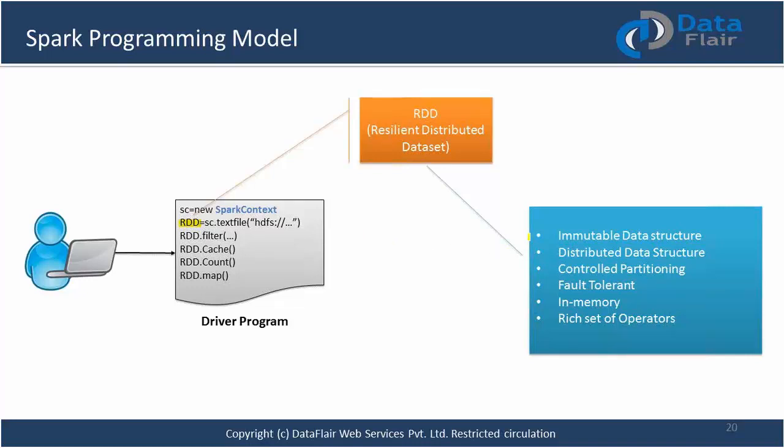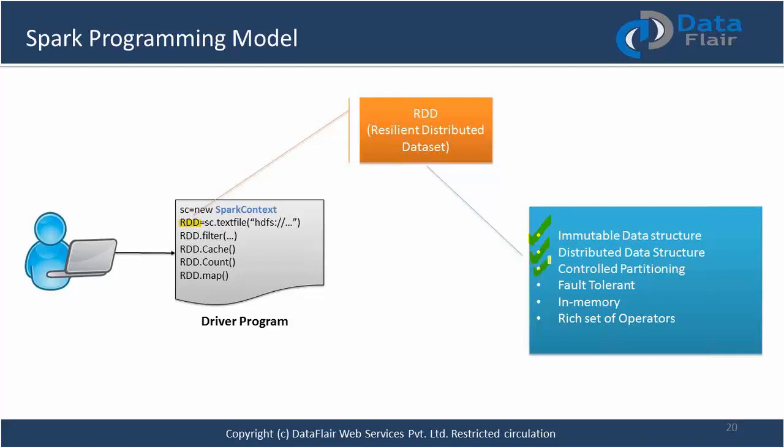Why am I highlighting RDD so much? It's an immutable data structure. It's a distributed data structure. Guys, it is because of RDD only that Spark can process data distributedly and follow data locality, because your data structure, your collection RDD itself is distributed.